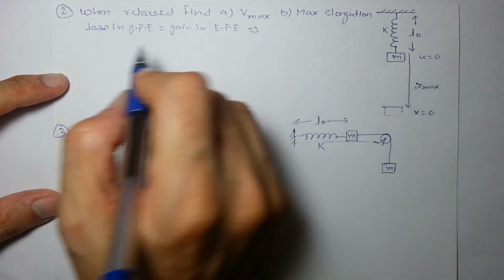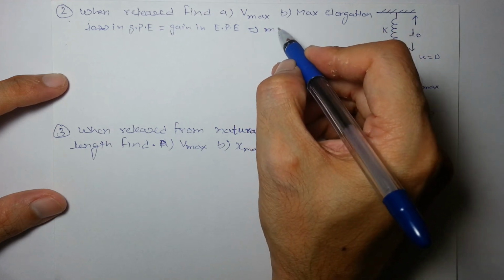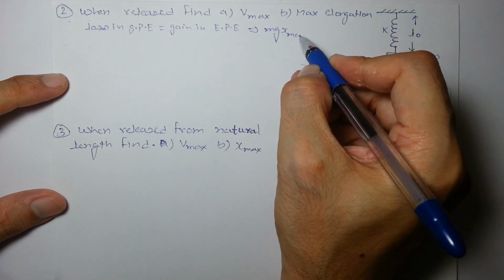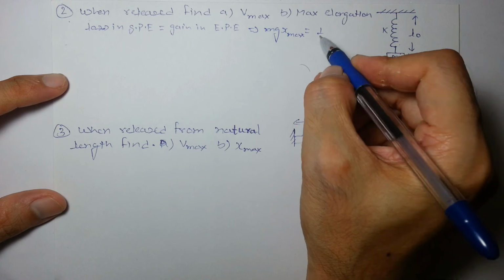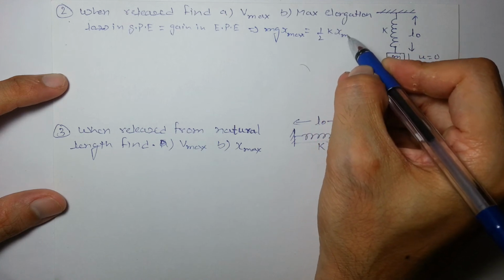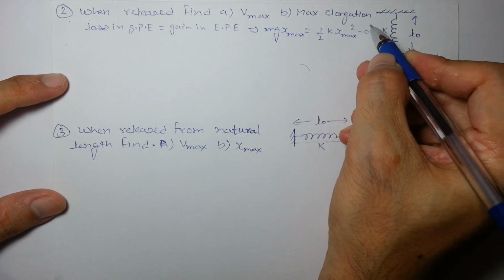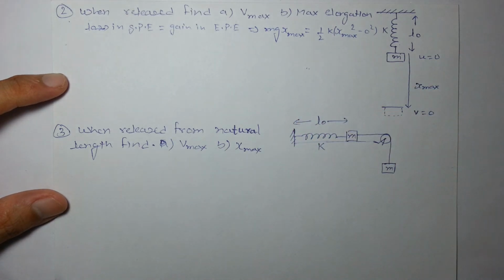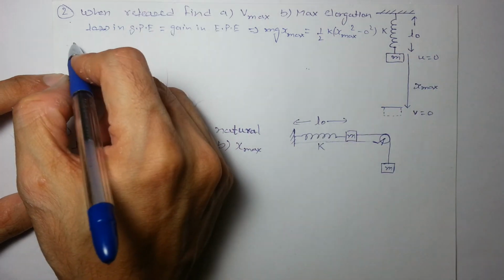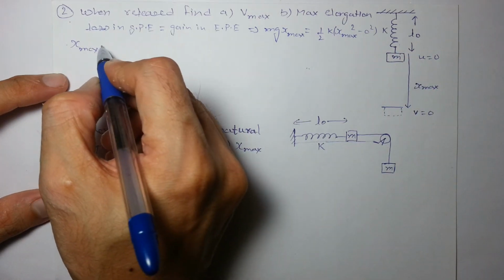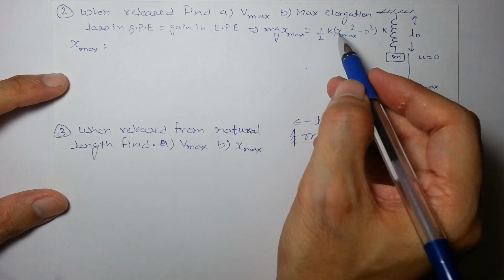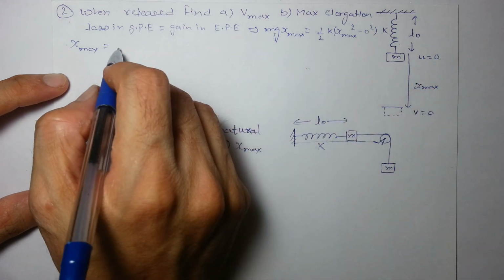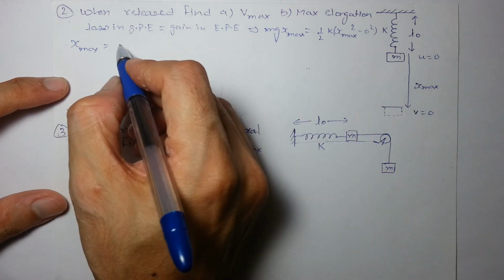So by this statement I can write mg x max is half k (x max square minus 0 square). We can use this equation to find x max as 2, how much x max will cancel, so 2 mg by k.